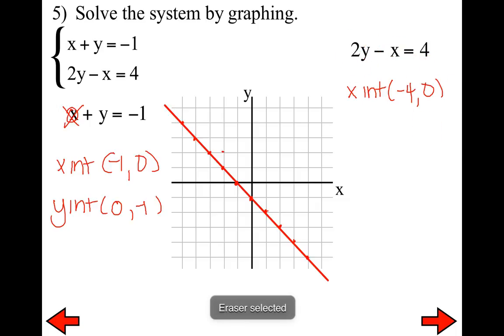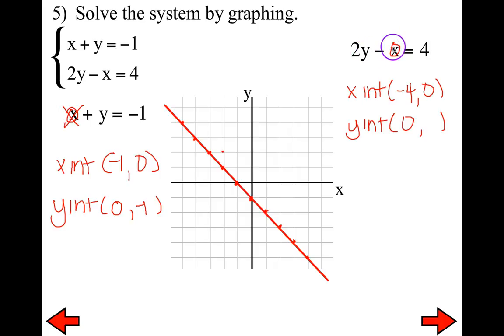Now for the y-intercept. My focus is on the y value, so I'm going to go ahead and get rid of x by making x 0. So here, if you make it a 0, it's just gone, leaving you with 2y equals 4. Divide both sides by 2, and I'm left with y equals 2.